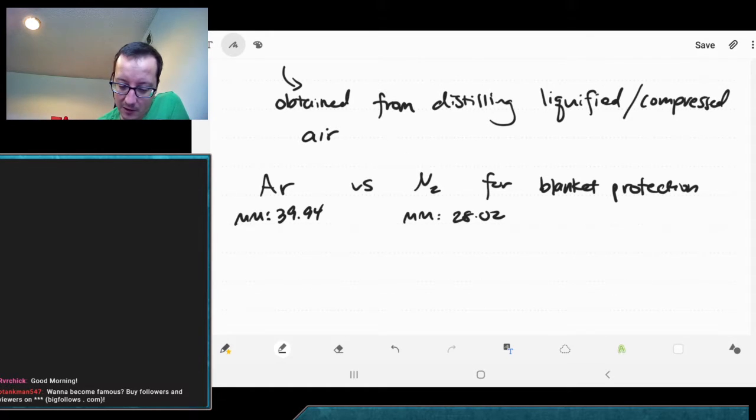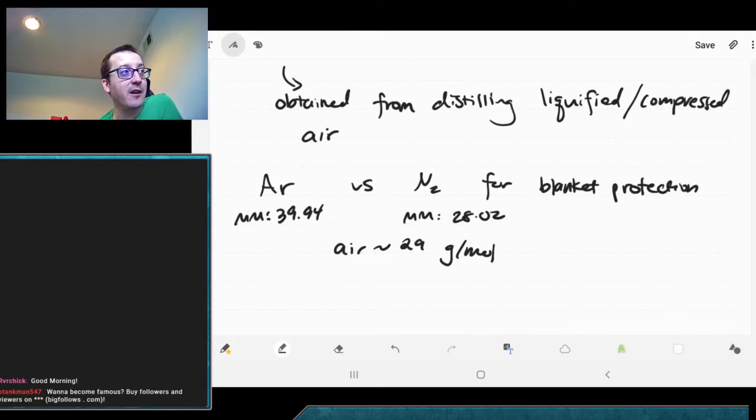If you want to think about air, air has an approximate molar mass of about 29, just on average with its components. What happens if you blanket stuff with nitrogen? The nitrogen eventually will just leave out because it's less dense, because its molar mass is less. But the argon being heavier than nitrogen will actually stay there.